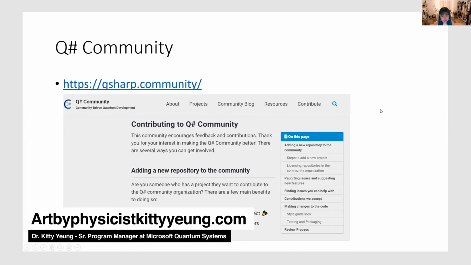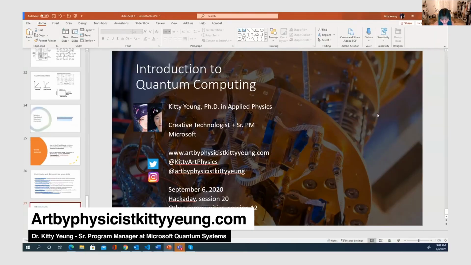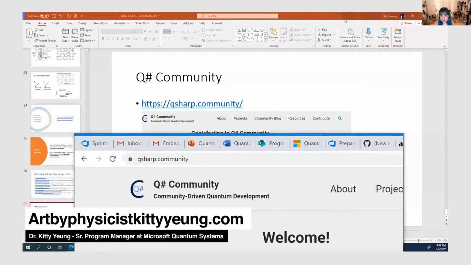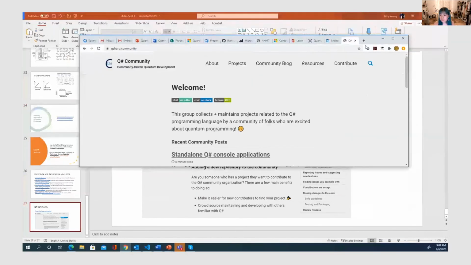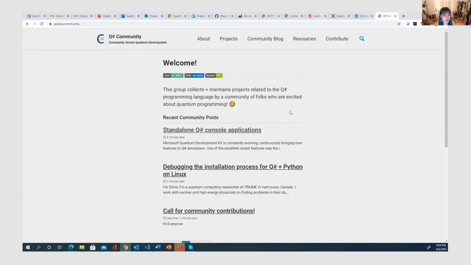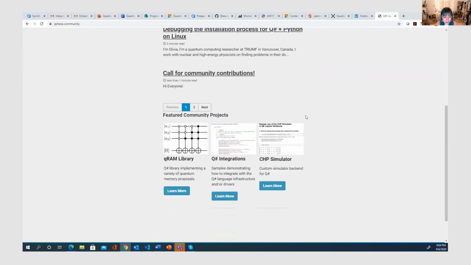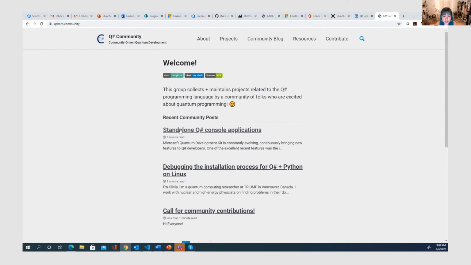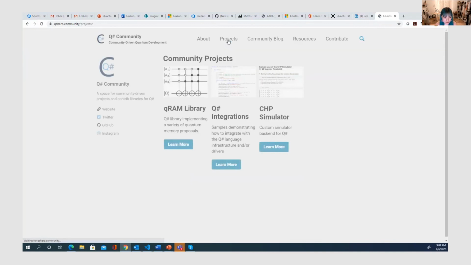I will actually show you their website here. It's a very great community of programmers developing using QSharp. It's QSharp.community. I would highly recommend the audience go to their community page and look at the projects the community has been working on. They're also open source and open for contributions.